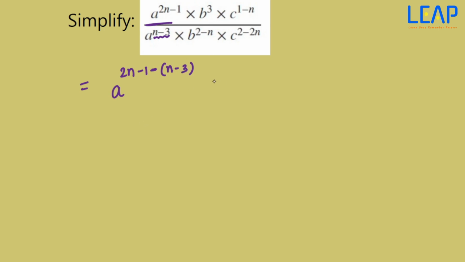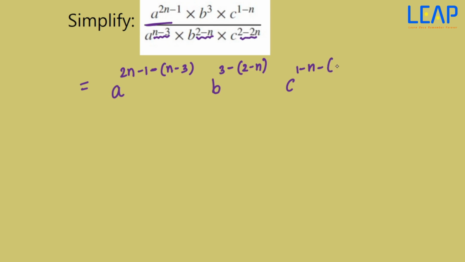Do the same thing with b. So b is the base, exponent is 3, division makes it minus, and this is a binomial, so put them in brackets. Okay, again c, the power of 1 minus n as it is. Division, make it negative.